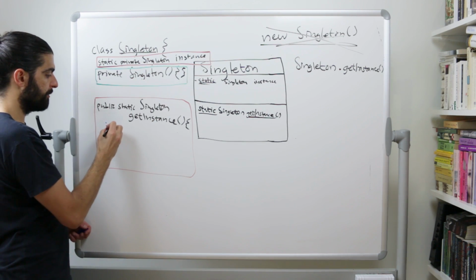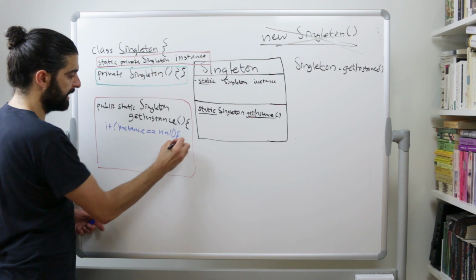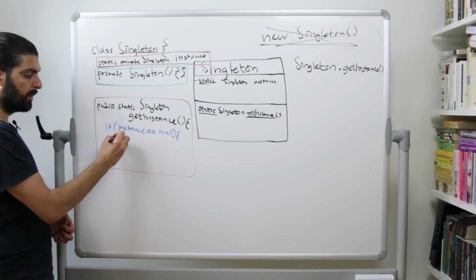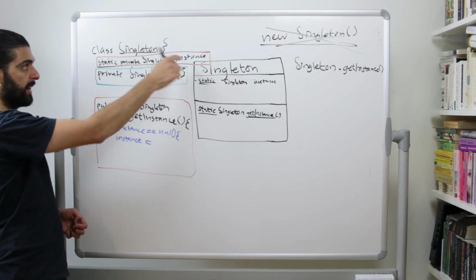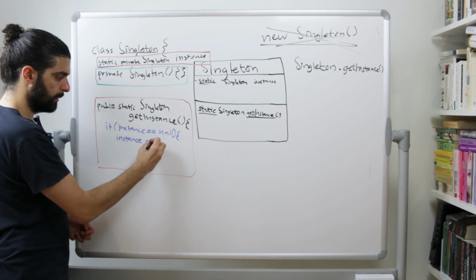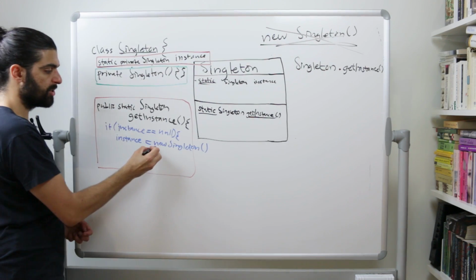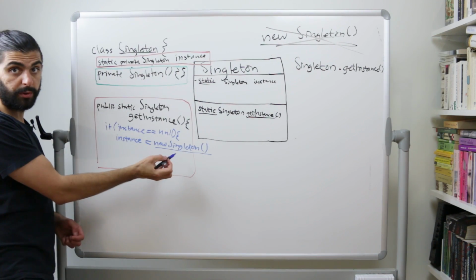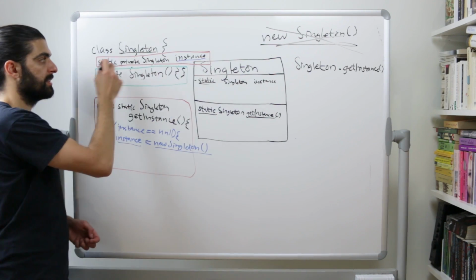So we say if instance equals null, then we need to instantiate. And we don't just instantiate, we set the instance variable to be equal to a new singleton. So we instantiate the singleton and we store it in the variable instance, which is the static private variable instance.